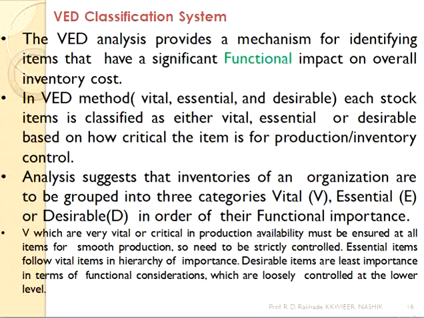Next, the VED classification system, which is similar to ABC. In ABC we classified inventory into A, B, C, that is high, medium and low, on the basis of money. Same as that, VED also classifies into 3, but the only parameter is functional importance.